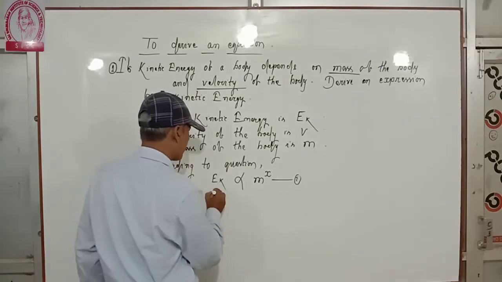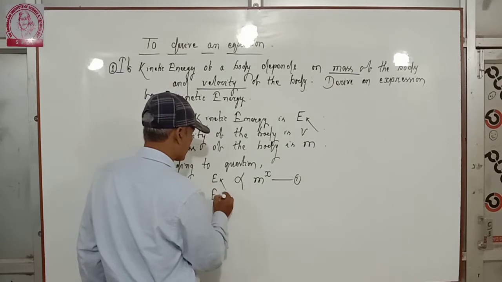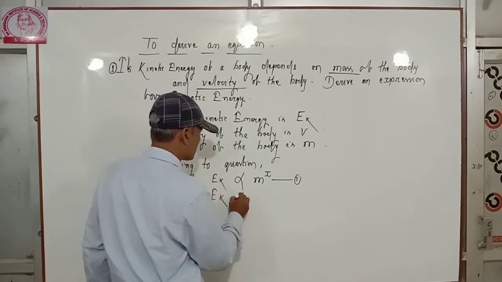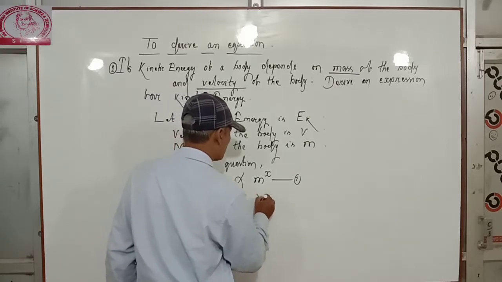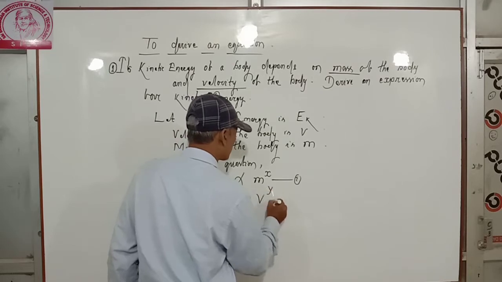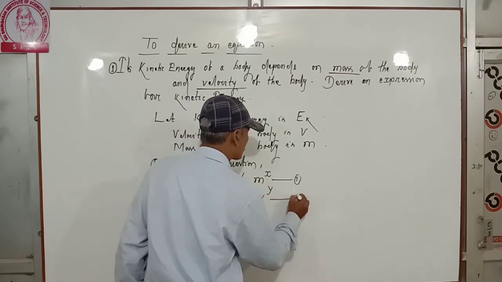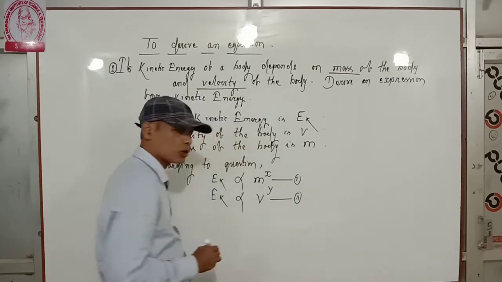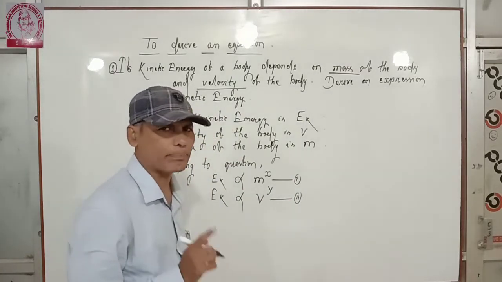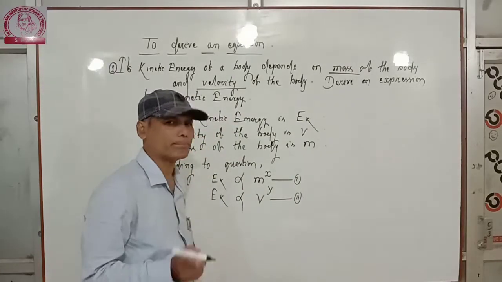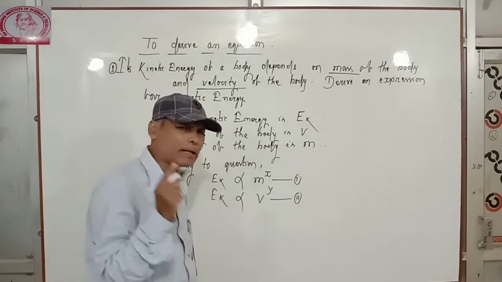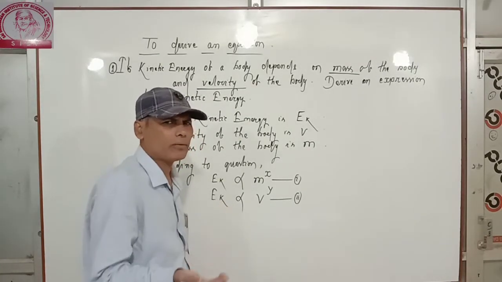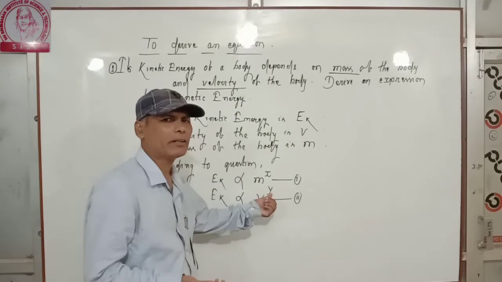So Ek is proportional to V to the power y. Suppose kinetic energy depends simply on velocity of the body, no problem, the value of y will be 1.